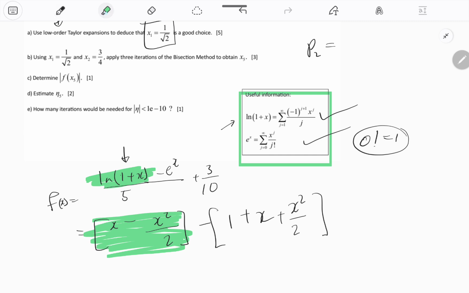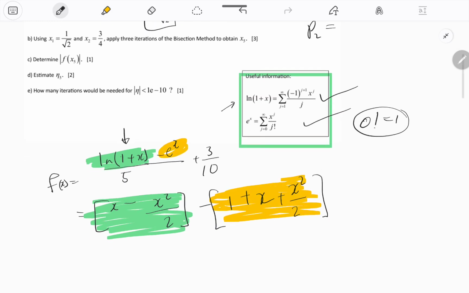Now we notice that this is represented by this. Remember, all of that was all over 5. Now we add 3 all over 10. From here you can solve for x because it's just a quadratic equation.